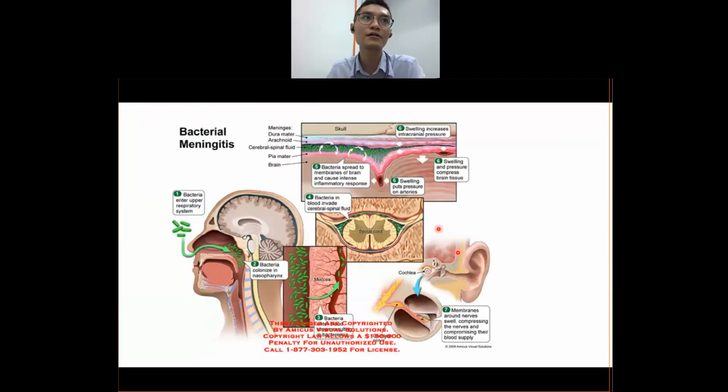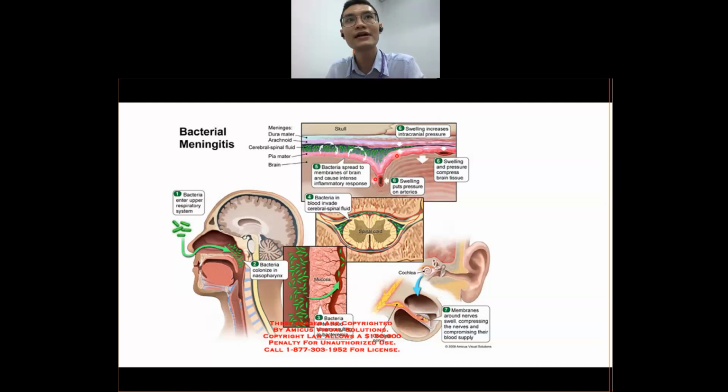So for example, bacteria will colonize your nasopharynx. When there is a break in the mucosa, the bacteria or viruses travel through the mucosa into your bloodstream. When the bacteria is in the bloodstream, it will get seeded in the CNS, in the brain. So when the bacteria is in the meninges, these are all the meninges, and this is the vessel.